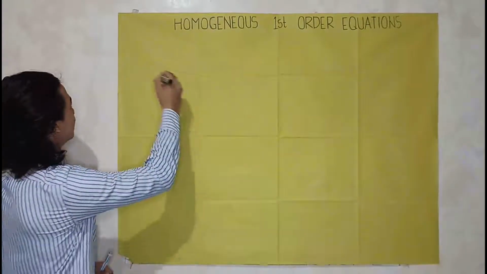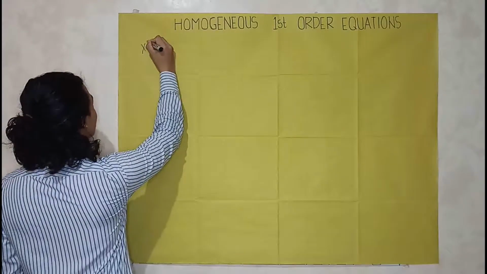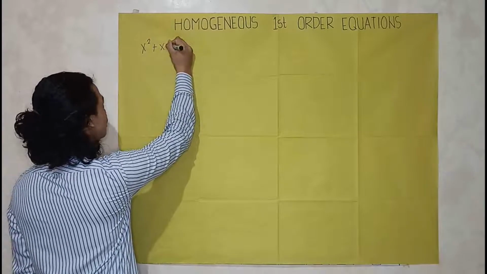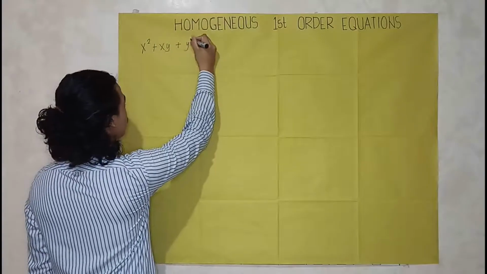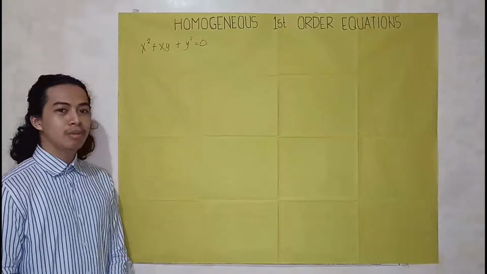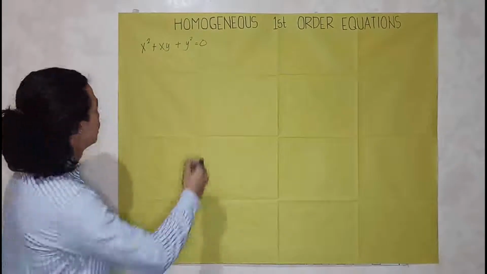Halimbawa, x squared plus xy plus y squared is equal to 0. Kailangan natin i-multiply ang every variable sa k.